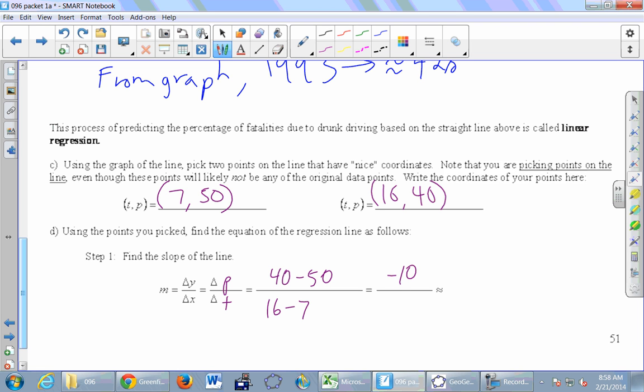Negative 10 over 9. And normally I leave everything as fractions because when you go to decimals, often you're approximating. But I think decimals are going to be better for us in this context. So with the calculator, if we type in negative 10 over 9, I think we get negative 1.1 repeating.